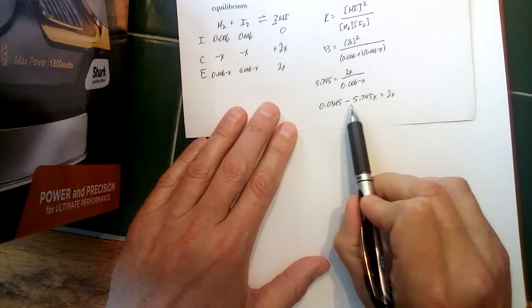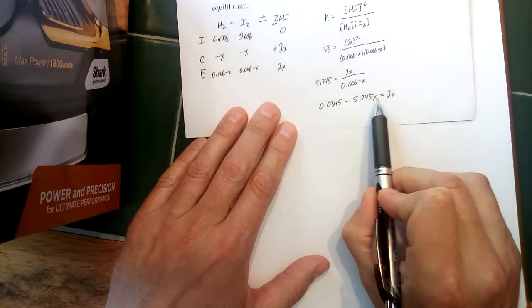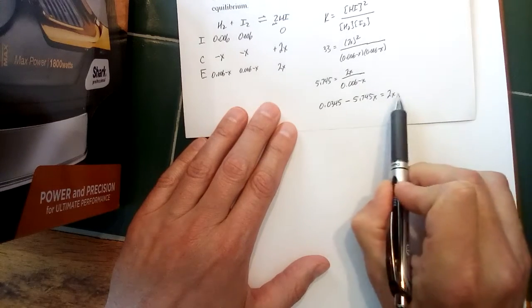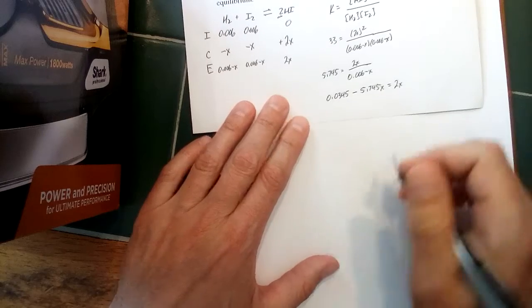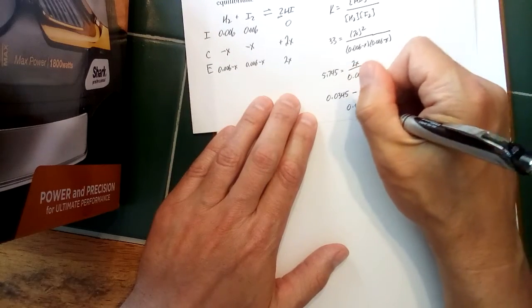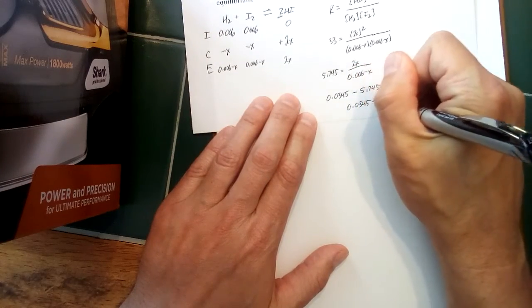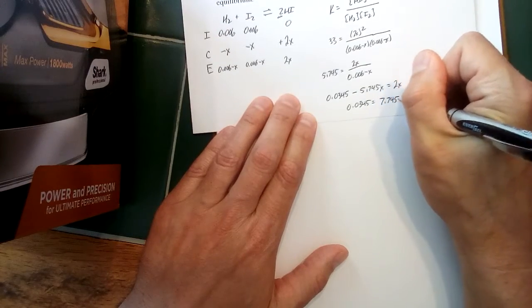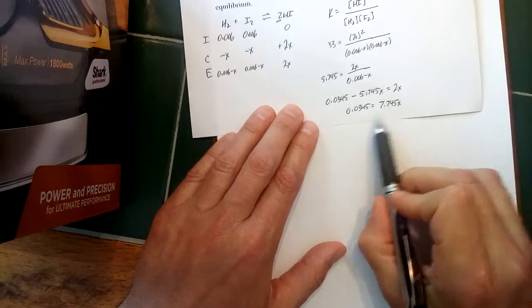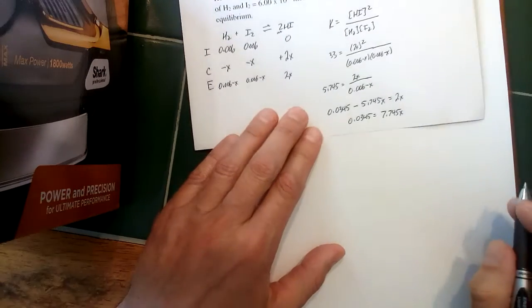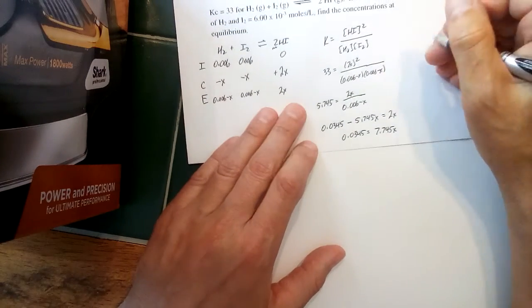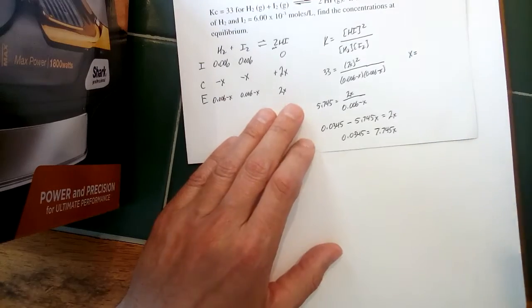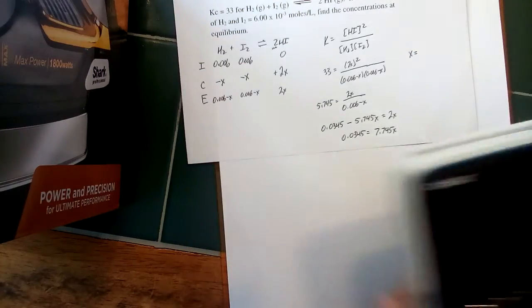So I'll want to add 5.745x to each side, so I get my x terms on one side and my numerical terms on the other side. That would give me 0.0345 equal to 7.745 times x. Now I just need to divide both sides by 7.745, and I'll have x on one side and a numerical value on the other side.